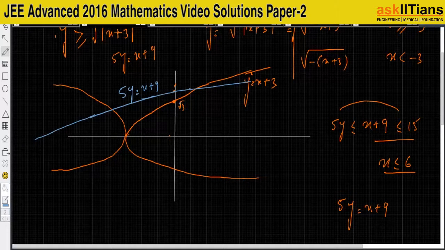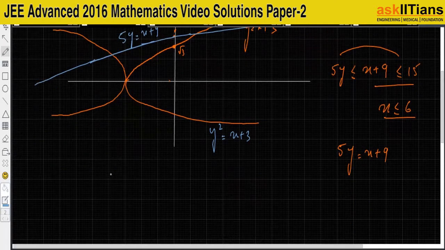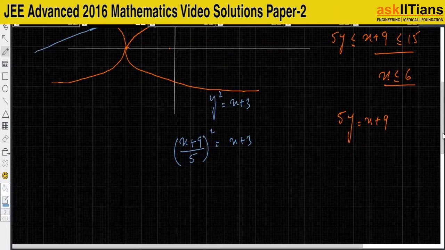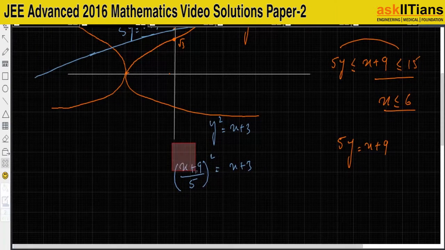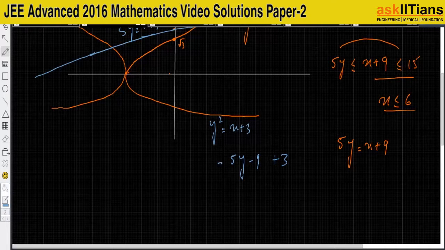And also, what will be the intersection point? Let's find out the intersection point. This curve is y square equal to x plus 3 and 5y is equal to x plus 9. So I can simply put the value of x and first find out the value of y. x is nothing but 5y minus 9, plus 3, and this is equal to y square.